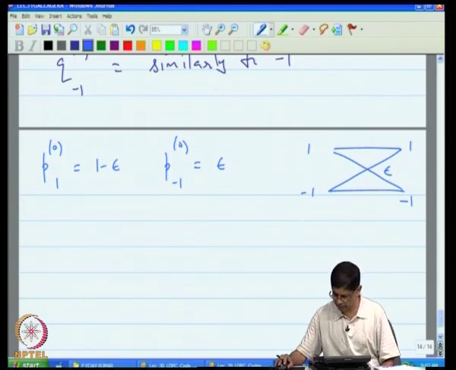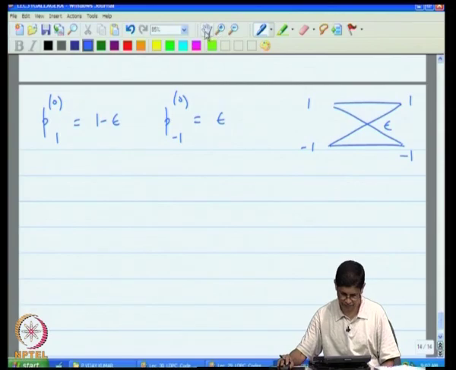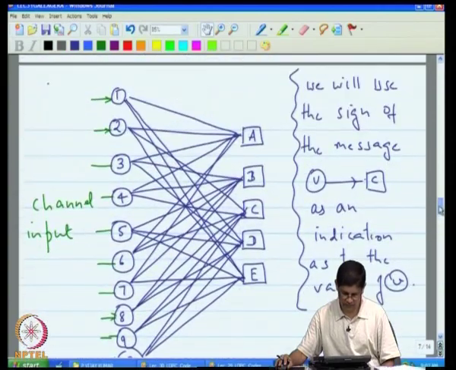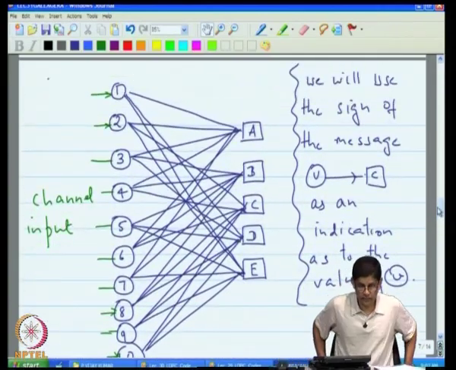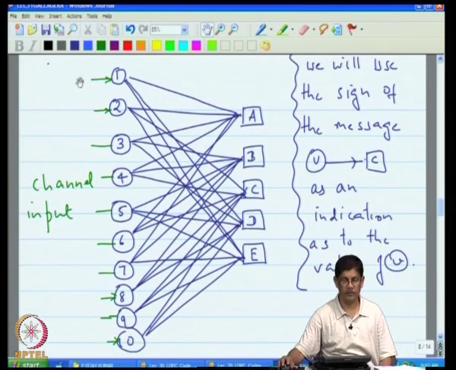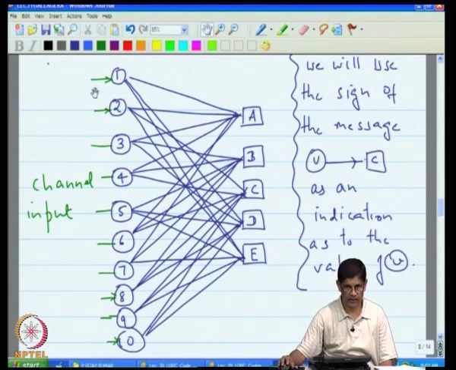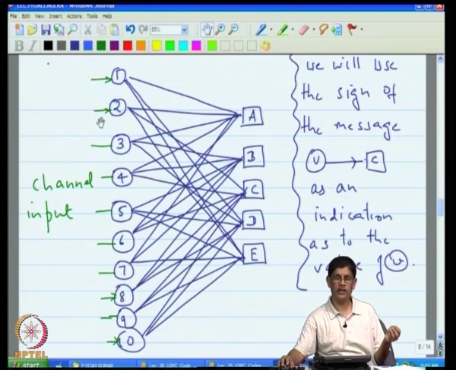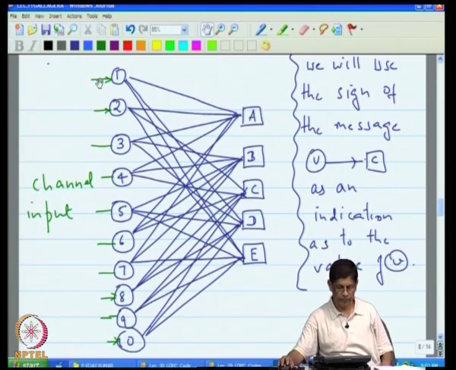There is another thing that I need to point out, which is that when we are doing this analysis of the probability of messages being in error, if you assume that the transmitted code word was the all 1 code word, then if you look at your incoming messages, the probability that they are 1 is equal to 1 minus epsilon, the probability that they are equal to minus 1 is epsilon, and it is the same for all inputs, because you are assuming that the all 1 code word was transmitted.